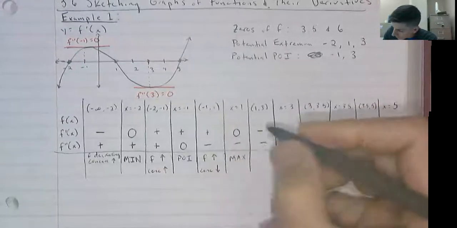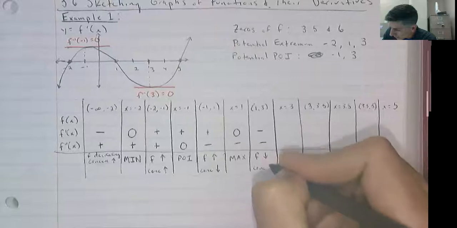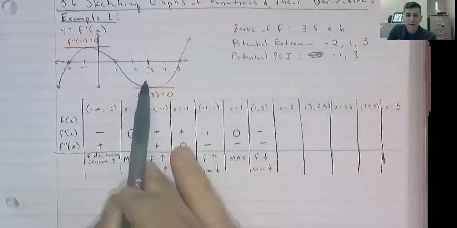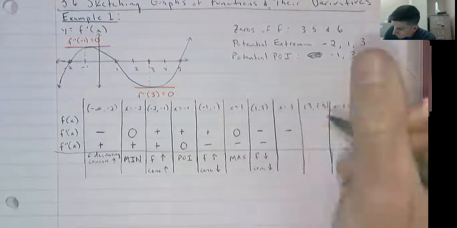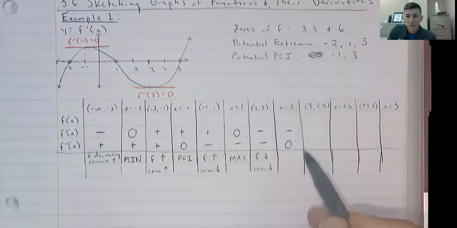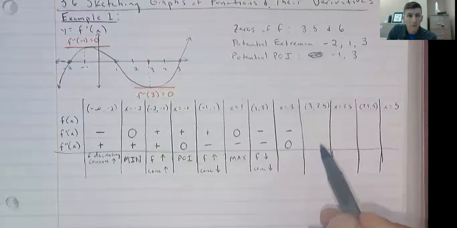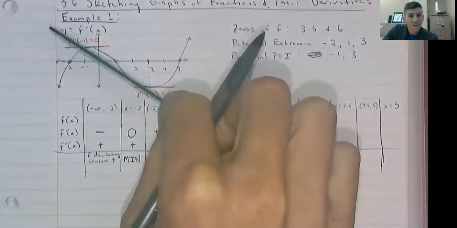Still negative here, so now f is decreasing and still concave down. At 3, our first derivative is still negative, but now our second derivative is 0. So we look to see, do we have a point of inflection there? Does our second derivative change signs?